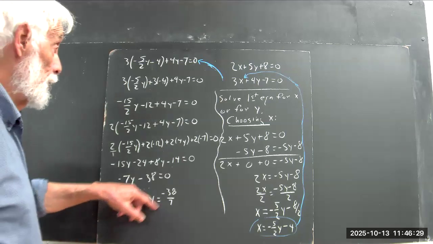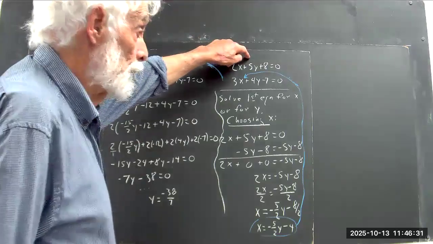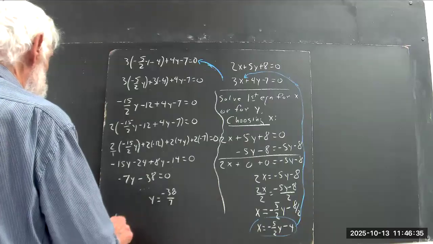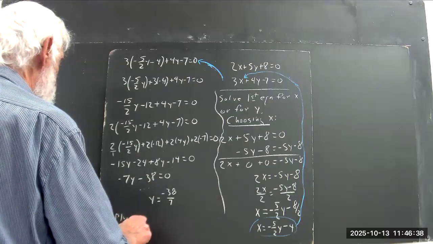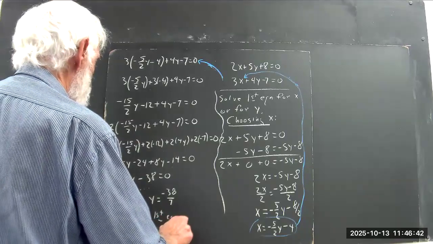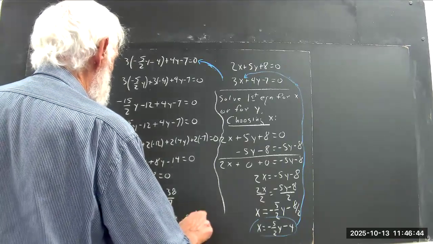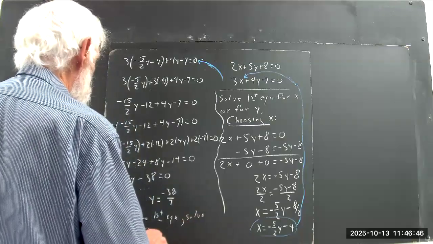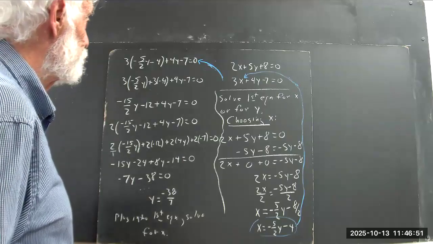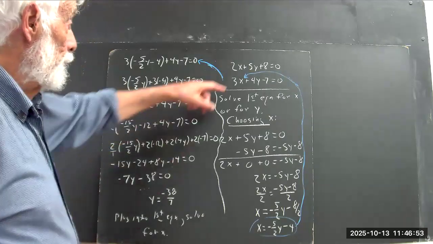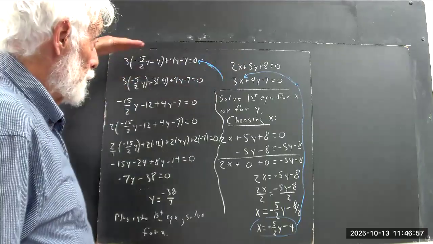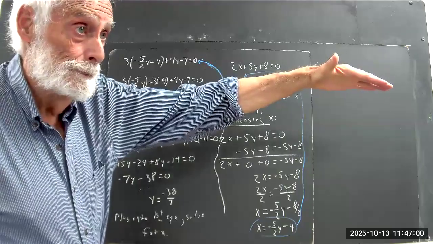And then we can plug this back into the first equation. Solve for x. You're going to get 5 times negative 38/7 here, meaning you're going to have to multiply both sides by 7.